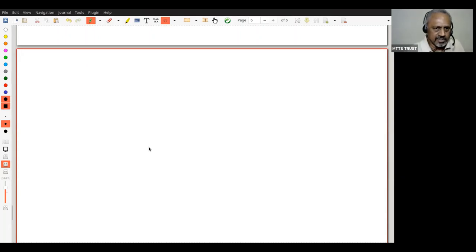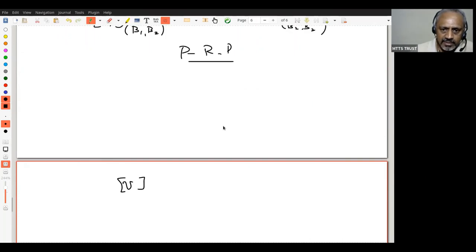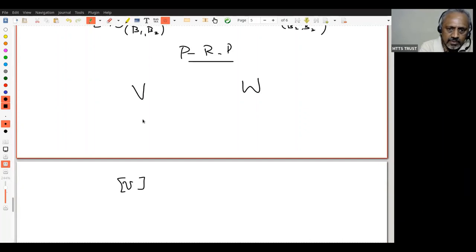So this is also very similar to the earlier one. So let us start with that. So let me just keep in mind what the things are. So let me write it. I have V and W, and I have B1 and B2 here, and B1 dash and B2 dash here, right? Therefore, what do we know?